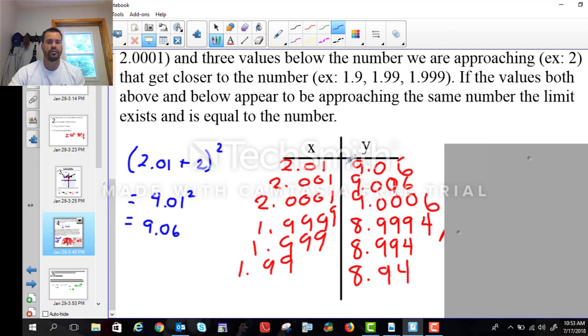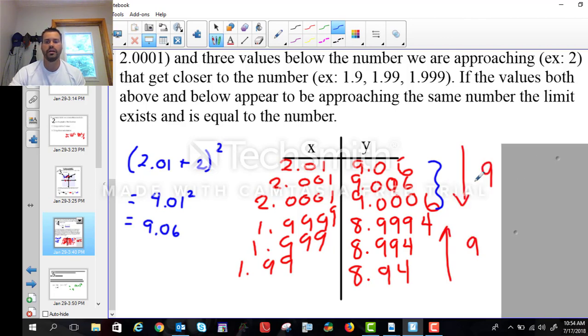And if you look at this part here, part that's above 2, you can see that the pattern is that as I add a 0 here, I'm adding a 0 here. So that if I went 2.00001, I would have 9.00006. And what that means is we can make the determination that that's approaching 9, because the more zeros I add, the more zeros there are going to be here.